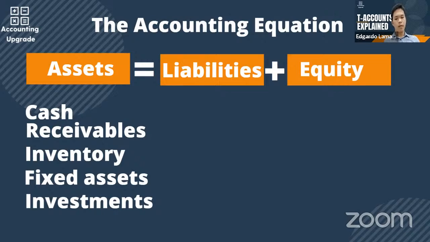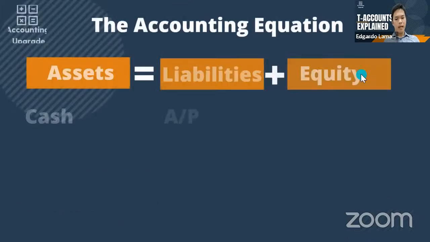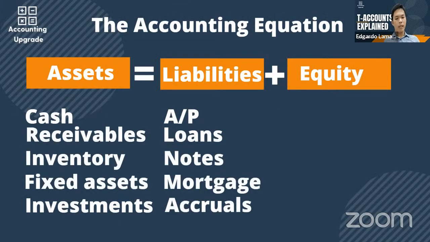How about liabilities? Liabilities are obligations of the company, owed to external parties. Liabilities include accounts payable, loans payable, notes payable, mortgage payable, accruals, and many more.